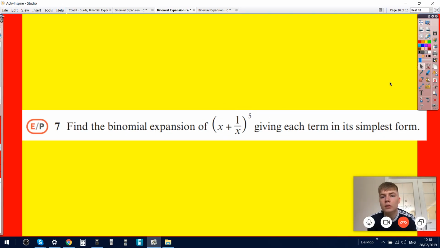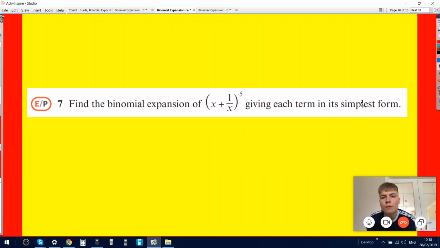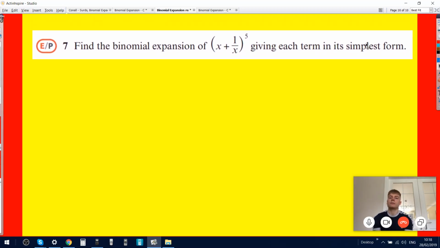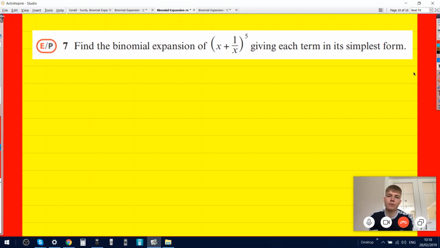Okay, so how are we doing this one? 5C0, x to the... do you not need a power? Sorry, 5C0. So what is the power? 5.